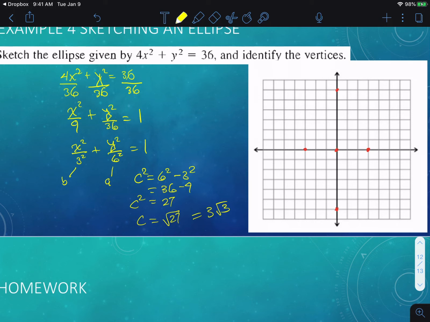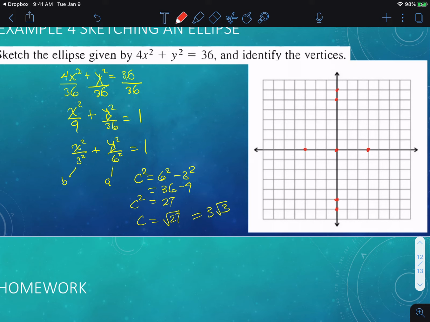So 3 root 3, well, it's somewhere, isn't it? 3 root 3 is 3 times about 1.7, so it's going to be more than 4, 1, 2, almost 5-ish. And there are the focal points.